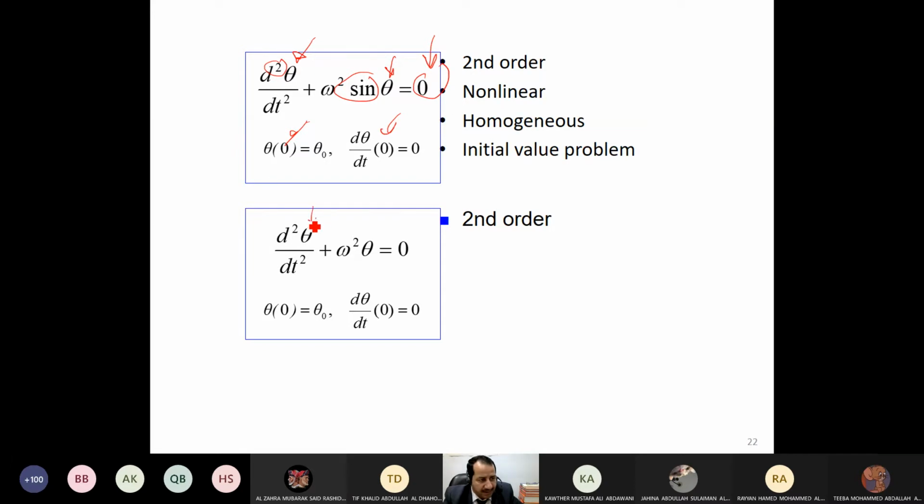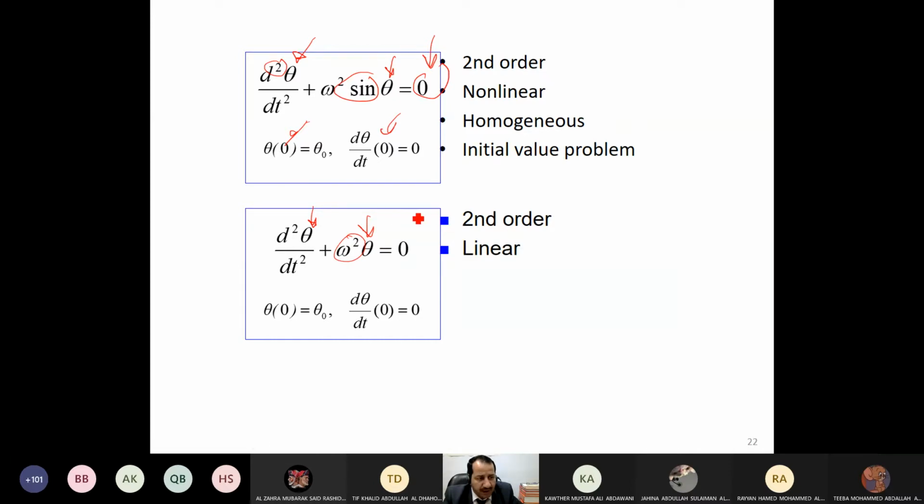See my variable here, theta. Now theta came alone, no problem. Omega squared doesn't matter. It's not my problem now. Omega is a constant. Theta is my variable. Is there anything, square as example, square root, sine, ln, exponential? Nothing. It's only theta. So this is, let me say, linear.